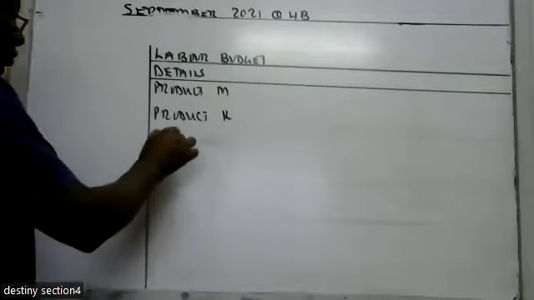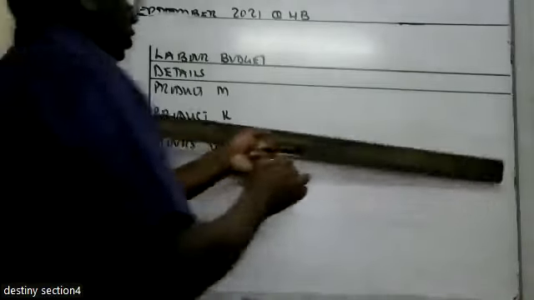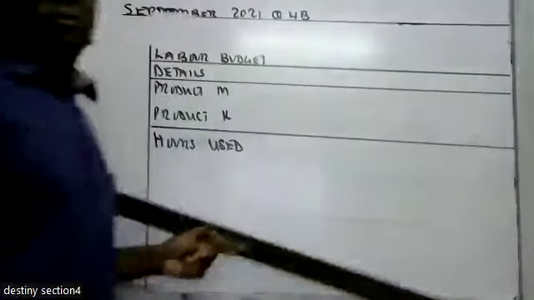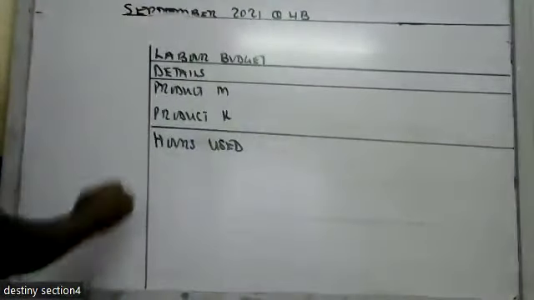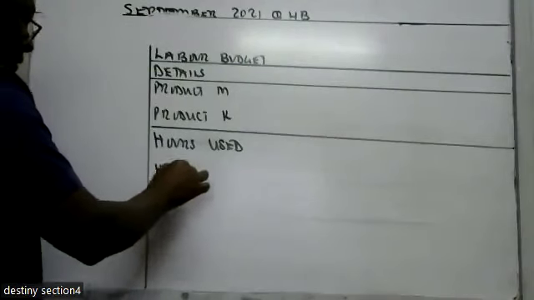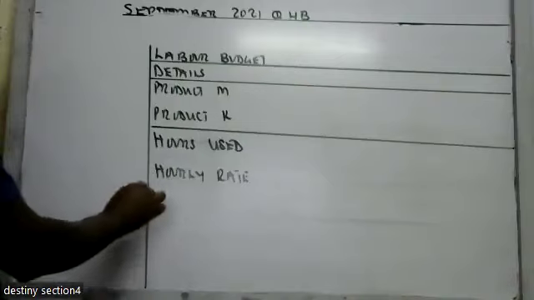So hours used. So, sasa ukisimamia hapo, hiyo inaitwa labor usage budget. So labor. Then we have the rate, hourly rate, and total costs.